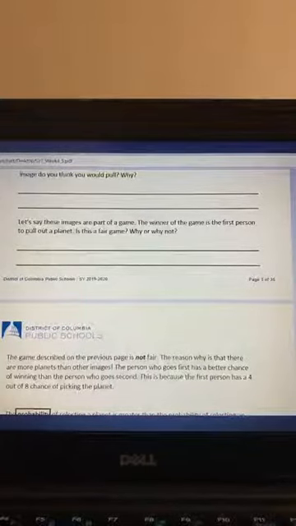So let's say these images are part of a game. The winner of the game is the first person to pull out a planet. Is this a fair game? Why or why not? So I see King Grant said no because there's a better chance that the planet will be picked first. Okay. I like your comment, King.